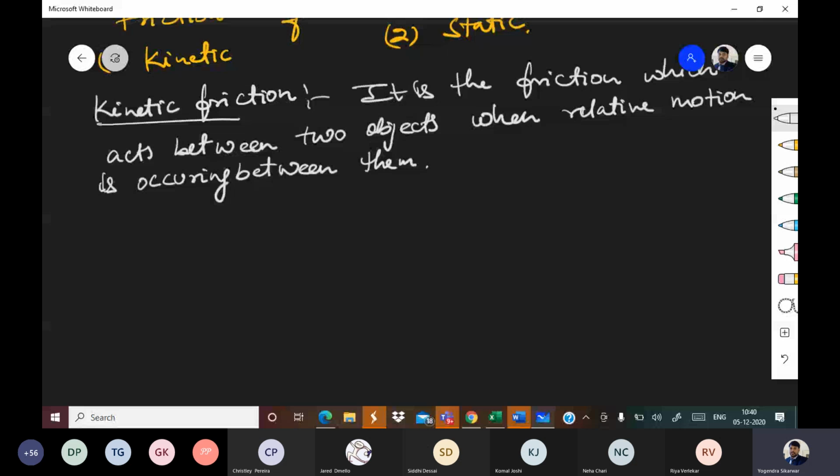Just to give you an example, I am creating a block.